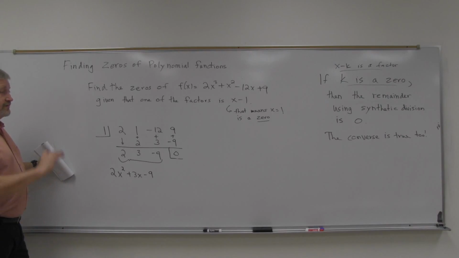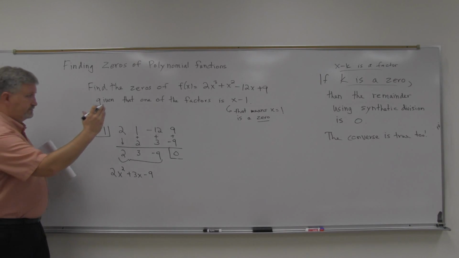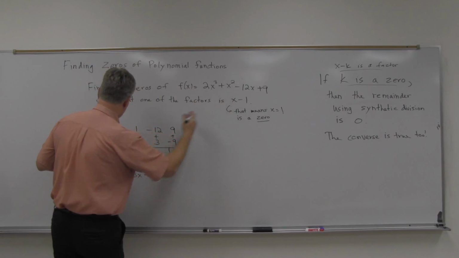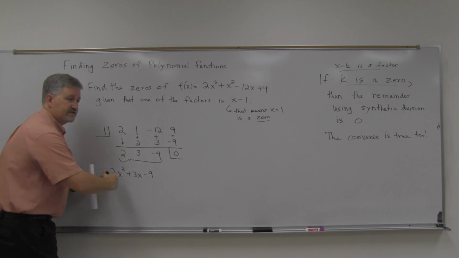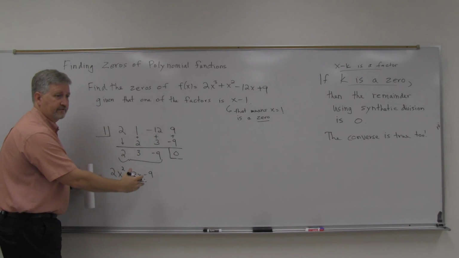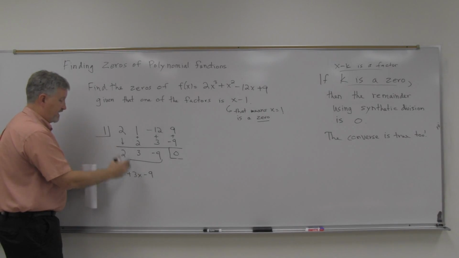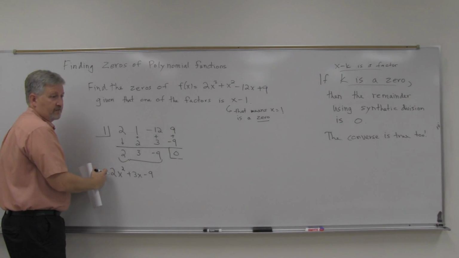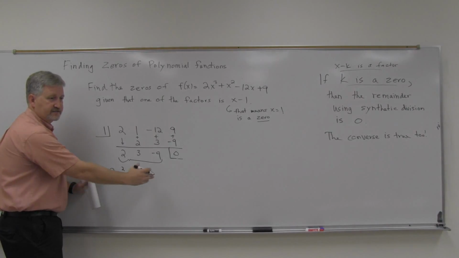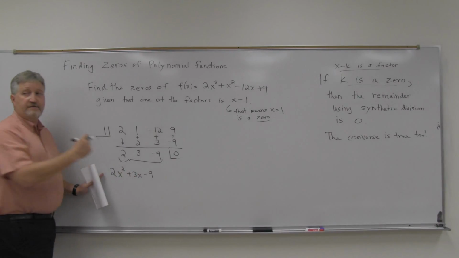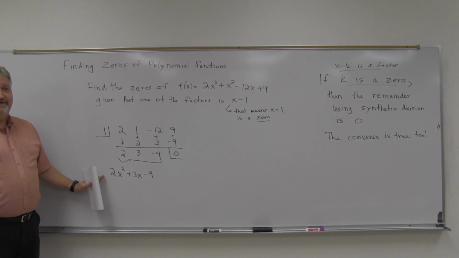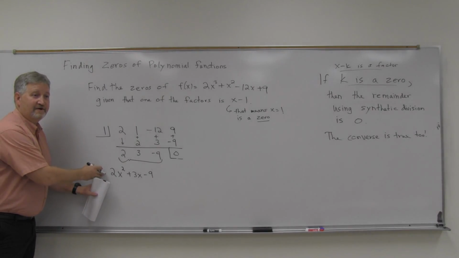So what that does for me is, x minus 1 is a factor, but this is also a factor of the function. If I wrote it out, it'd be x minus 1 times this. Since I'm trying to find the zeros, can I find the other zeros off of this?